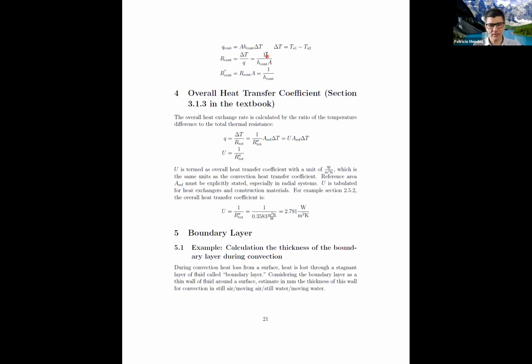So for this total resistance, by picking a reference area, we have what we call the overall heat transfer coefficient. And here is the definition. So Q is delta T over total resistance, and I can write total resistance per unit area.